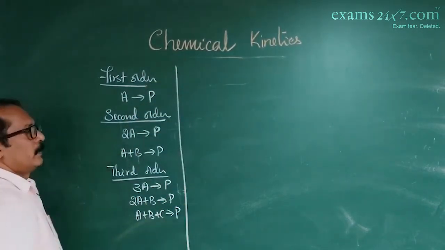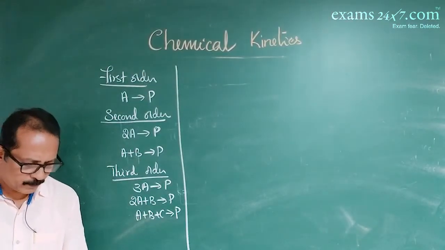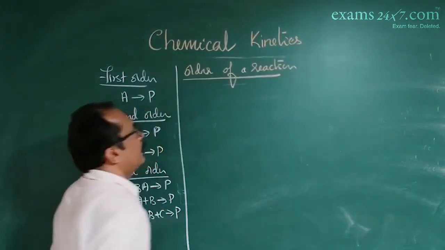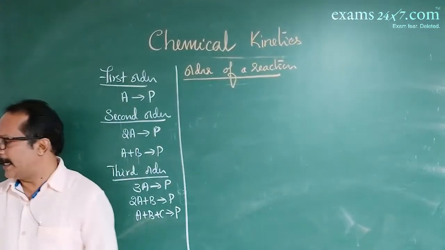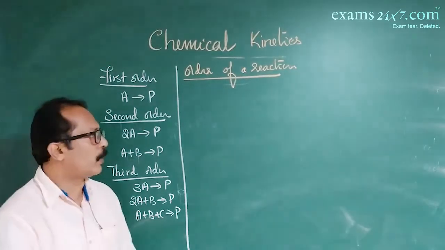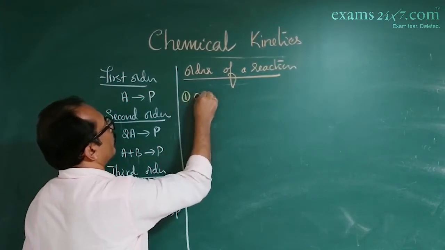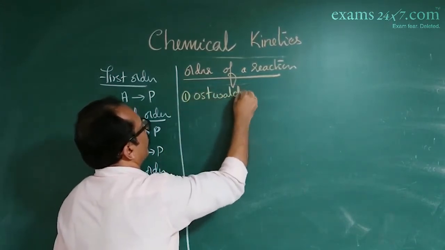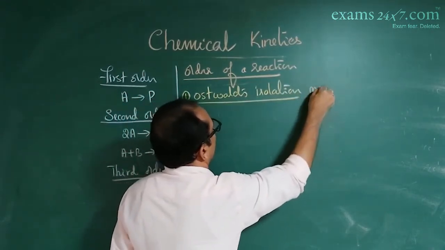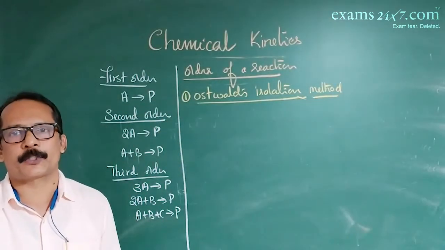Next, about the determination of the order of a reaction. There are different methods. The first method is Ostwald's isolation method. In Ostwald's isolation method, it is similar to the principle involved in a pseudo first order reaction.